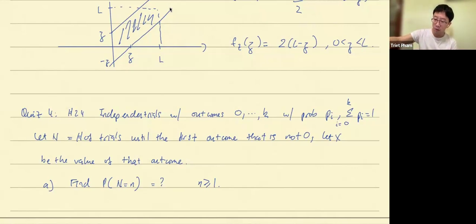What kind of random variable is N? Does it fit into any family that we know?